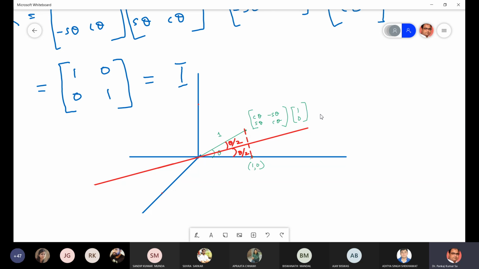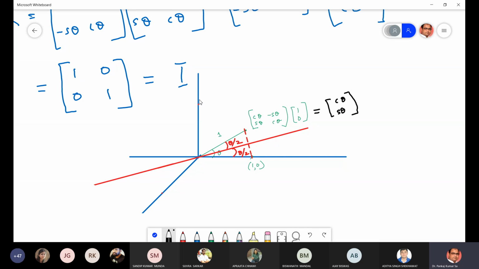So this is the value it becomes. This is equal to cos theta, sin theta.